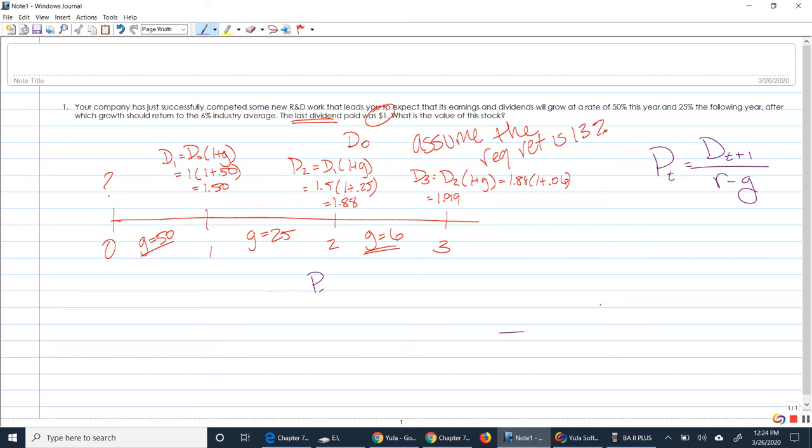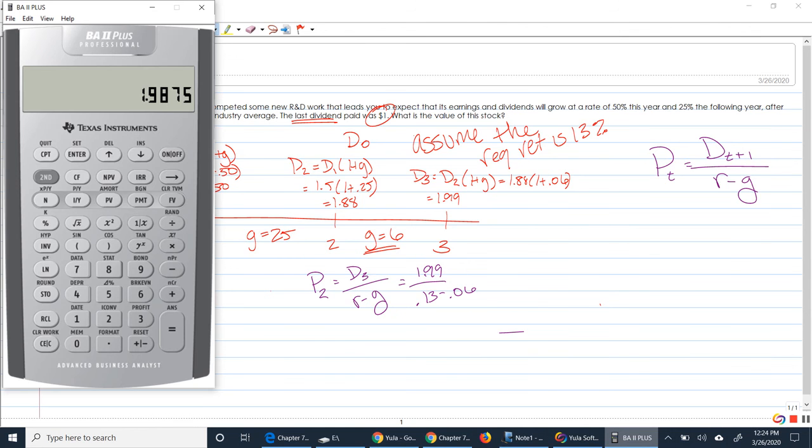So the price at time period 2 would be equal to the dividend at time period 3 divided by the required return minus that constant growth rate. So $1.99 divided by 13% minus 6%. So divide that by 0.07, 13 minus 6, and we get 28.39.